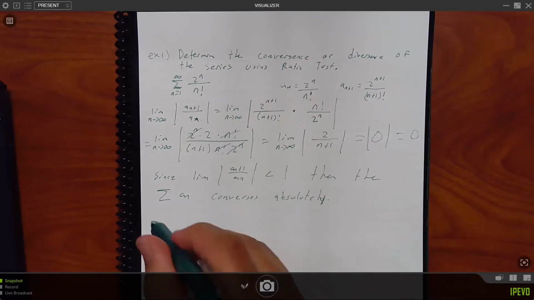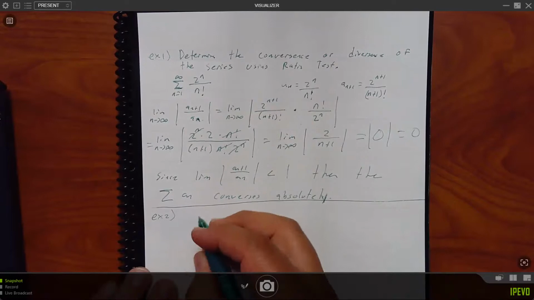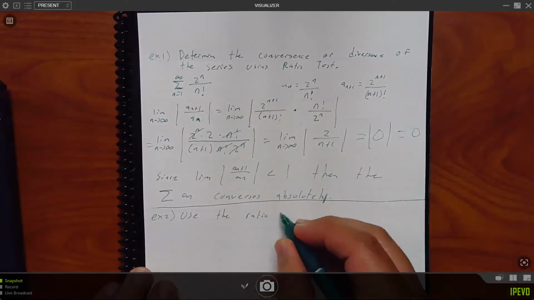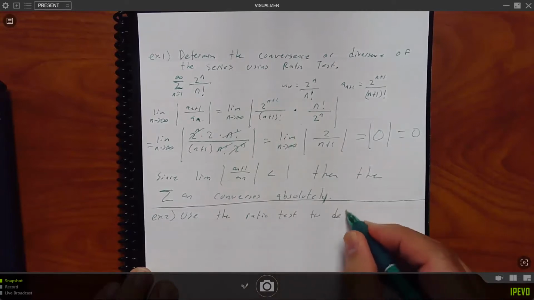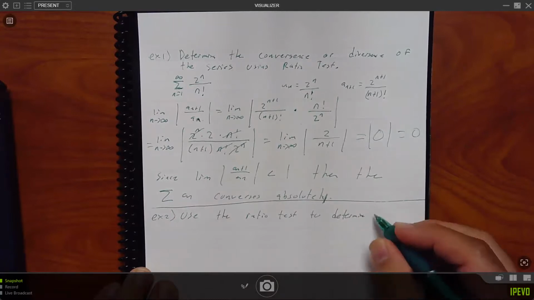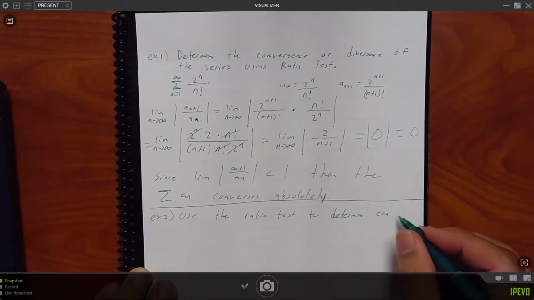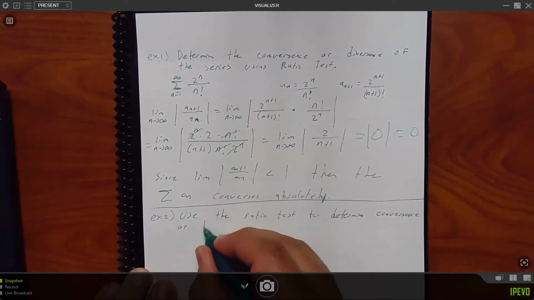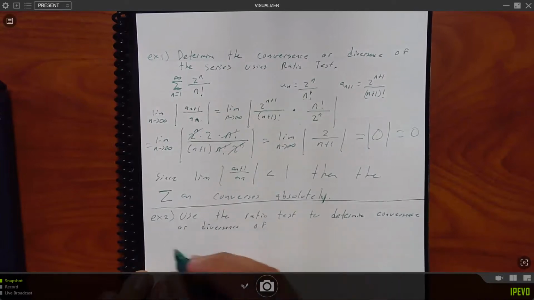One more ratio. Use a ratio test to determine convergence or divergence of this guy here.